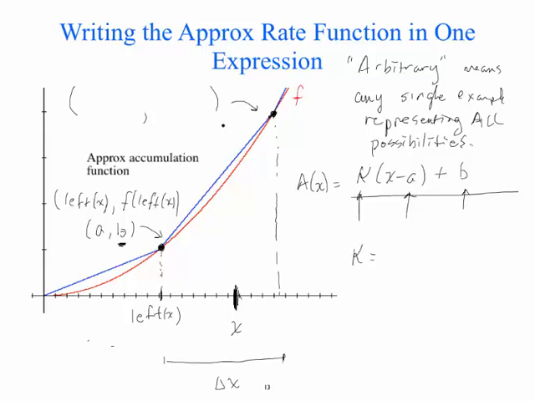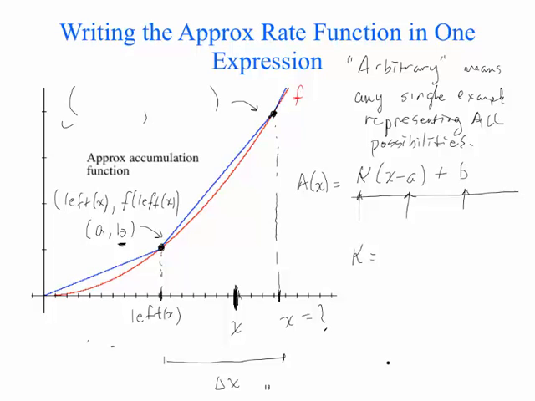What's the x coordinate? And what's the y coordinate? If this is left of x, then what's that x coordinate? Left of x plus delta x, yes. And so then the y coordinate would be f of left of x plus delta x.